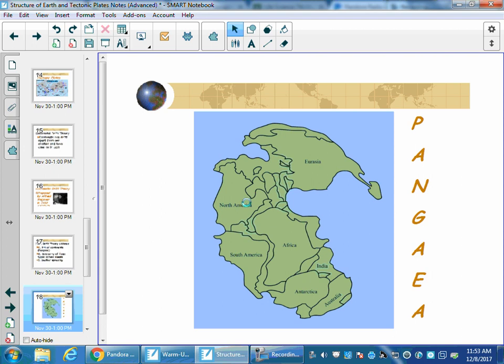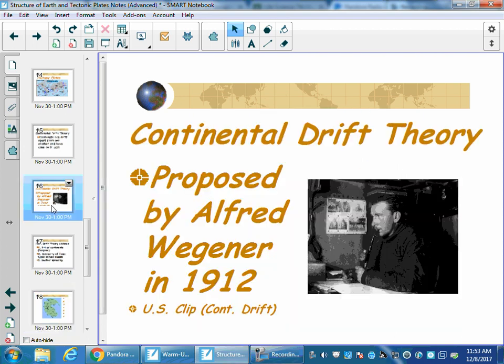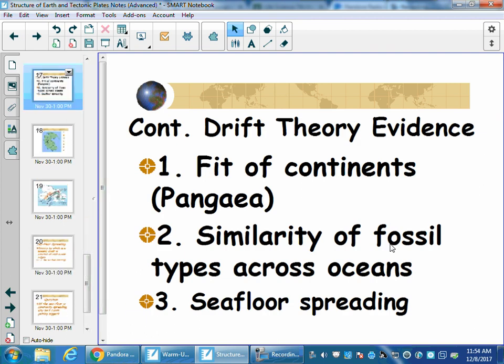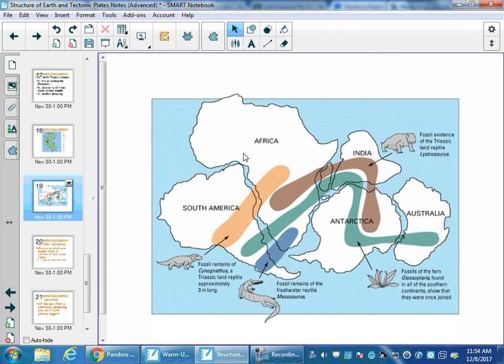You can kind of see how this works here, how they all fit together. And that gave the idea that, okay, the continents have moved. Another piece of evidence is if you compare fossil types across the oceans. If you put the continents together, the patterns of where their fossils are located make a whole lot more sense than if they're separate. So that gives more evidence that at one point in time they were all together and could eventually move.